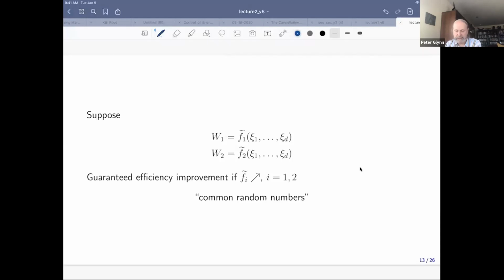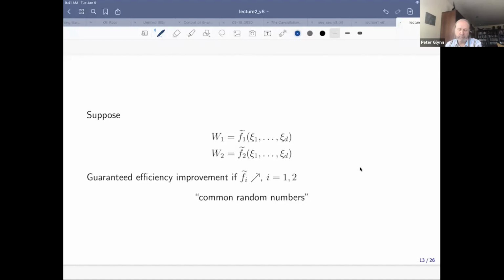And again, in settings where you can do this effectively, this can provide quite significant variance reductions in looking at differences of expected values.